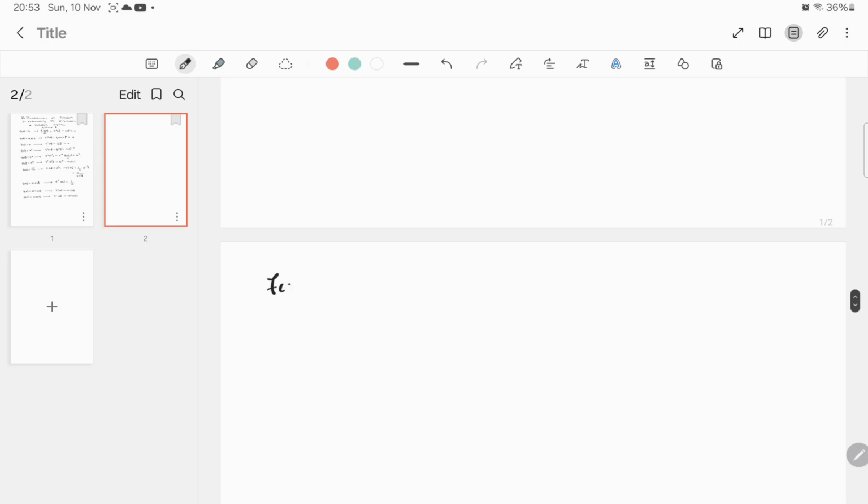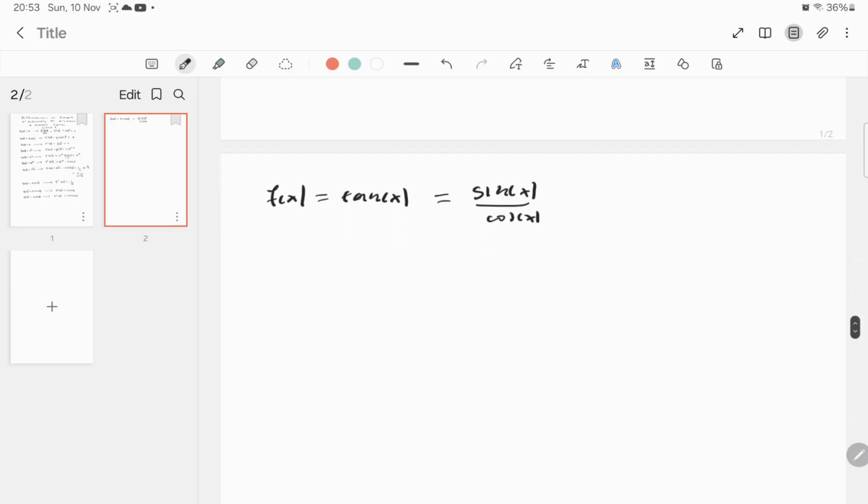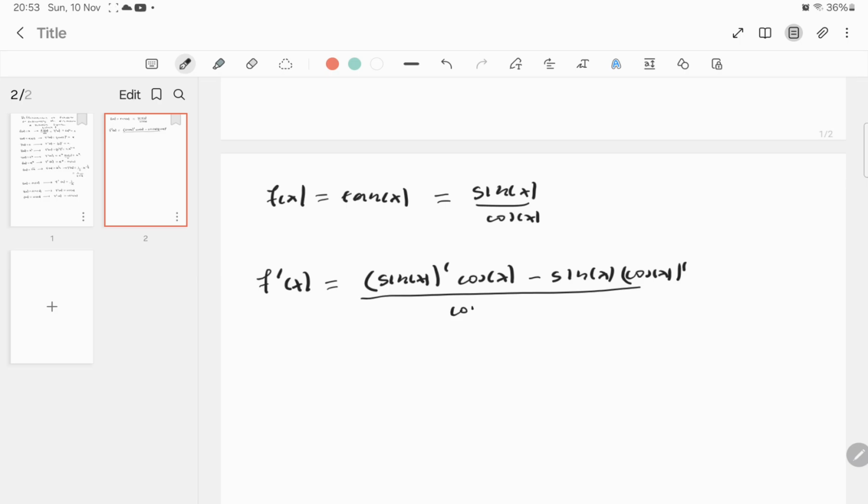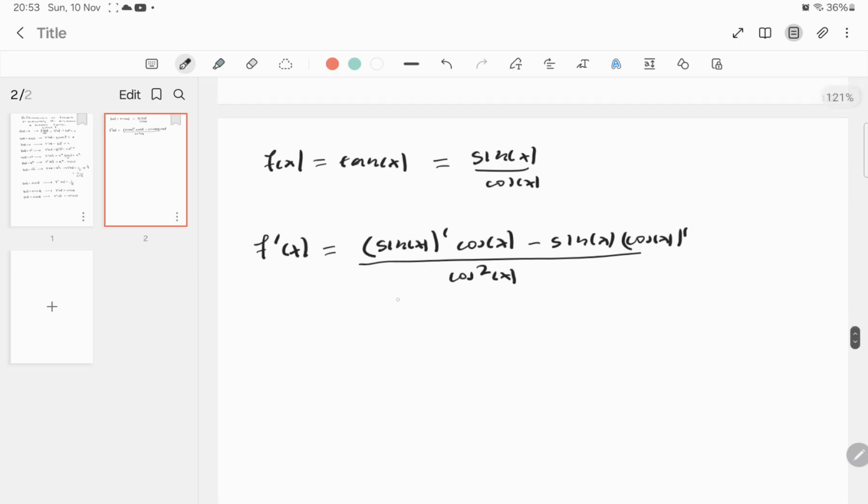F of x equals tan x. This is sine x over cos x. The derivative of this function is sine x derivative times cos x minus sine x times cos x derivative, over cos squared of x.